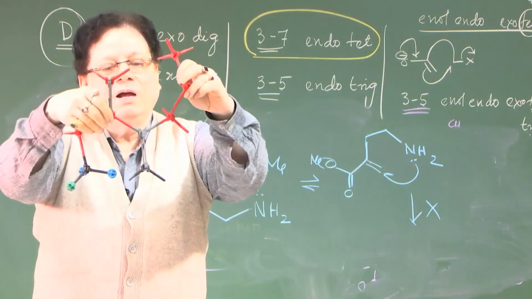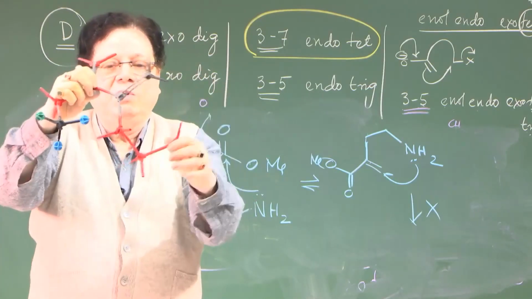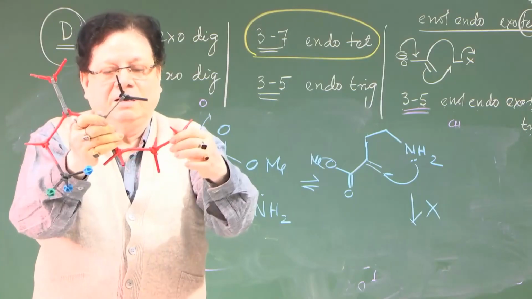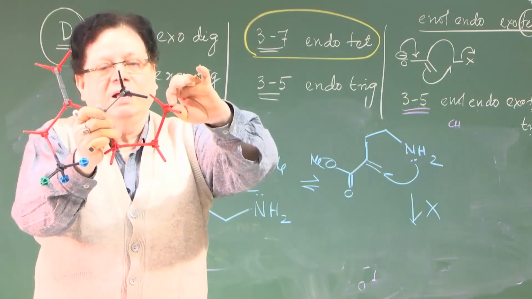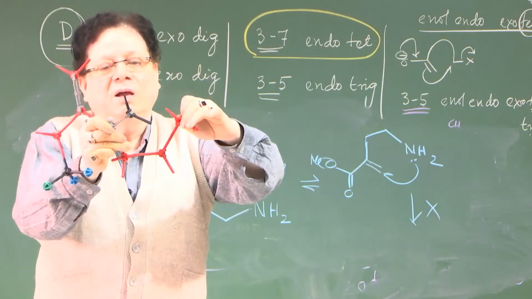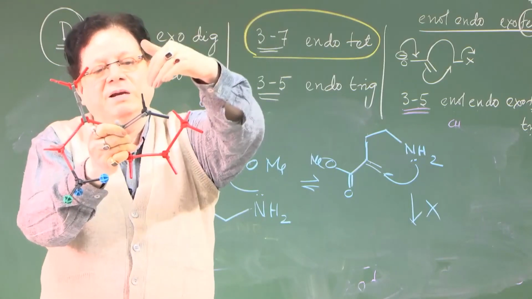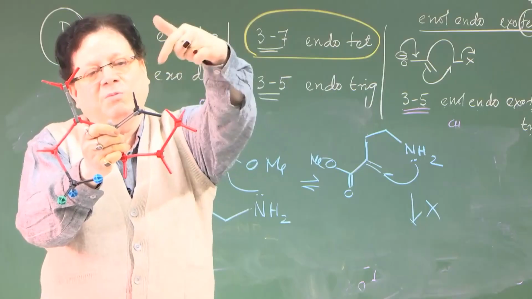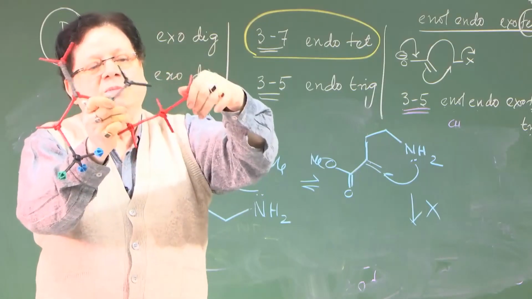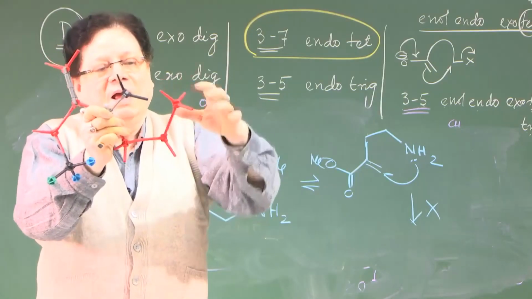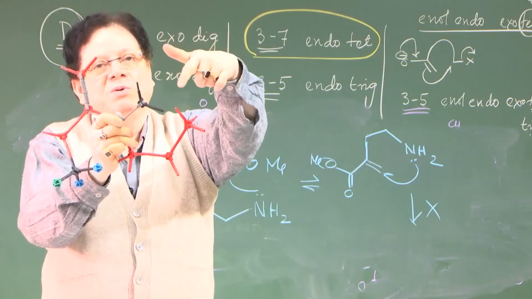Now, if you want to attack the double bond with the help of the nitrogen, so this is my nitrogen, the nitrogen has to attack it at a trajectory of 109 degrees. So, basically it has to come on this side and then attack from here at this carbon, which is not possible because the length is too short. Had there been another carbon and then the nitrogen, then possibly it would reach.